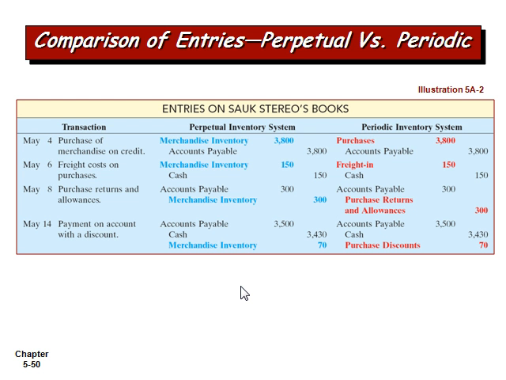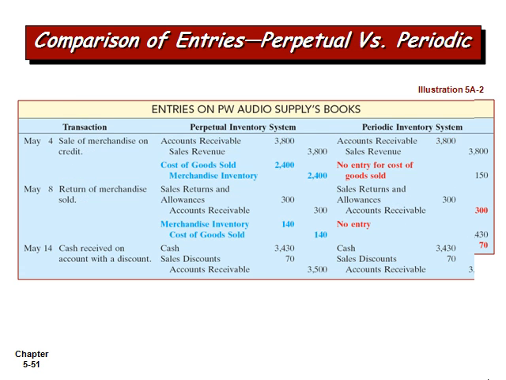In the right-hand column, the periodic inventory system, we never do anything to the merchandise inventory account. We have these other accounts, purchases, freight in, and so on, that we use. We only use the merchandise inventory account at the end of the year when we go out and take a physical count and adjust it to that amount. These are the companion entries that you make on PW Auto Supply's books.